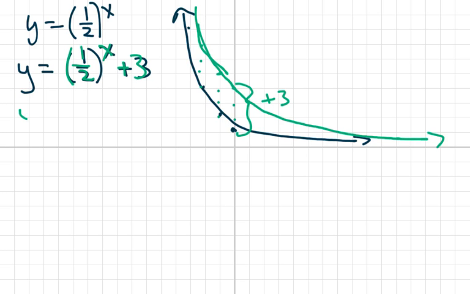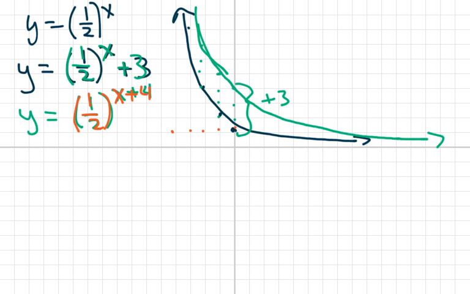And if I wanted to do a horizontal shift, then let's shift this over to the left by 4. So that's going to be plus 4. And we'll do this one in red, sorry. 1/2 to the x plus 4. So I'm going to shift my parent function from here over by 4. 1, 2, 3, 4.